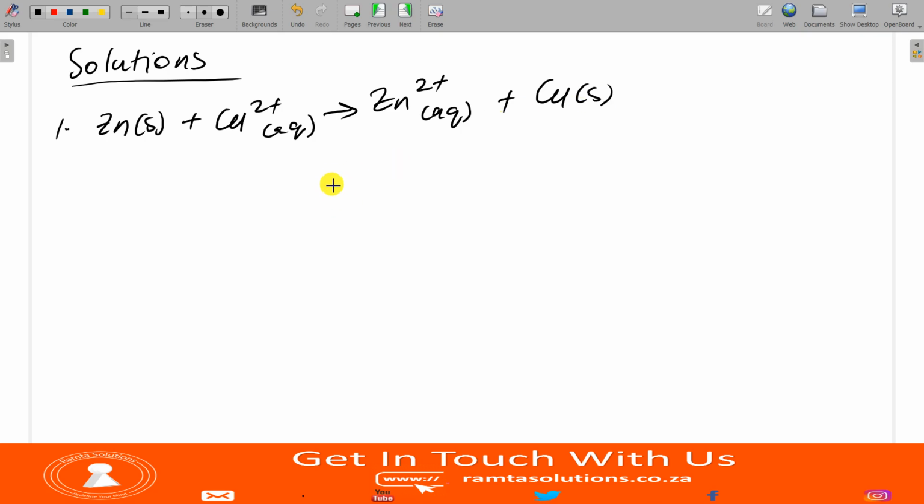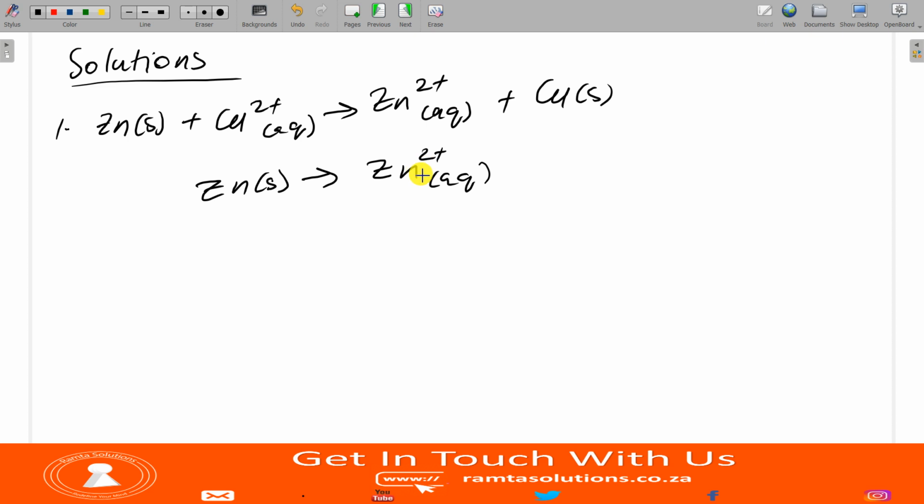I believe this is what we had. Now we will take zinc solid, which is also giving us zinc 2 plus aqueous.